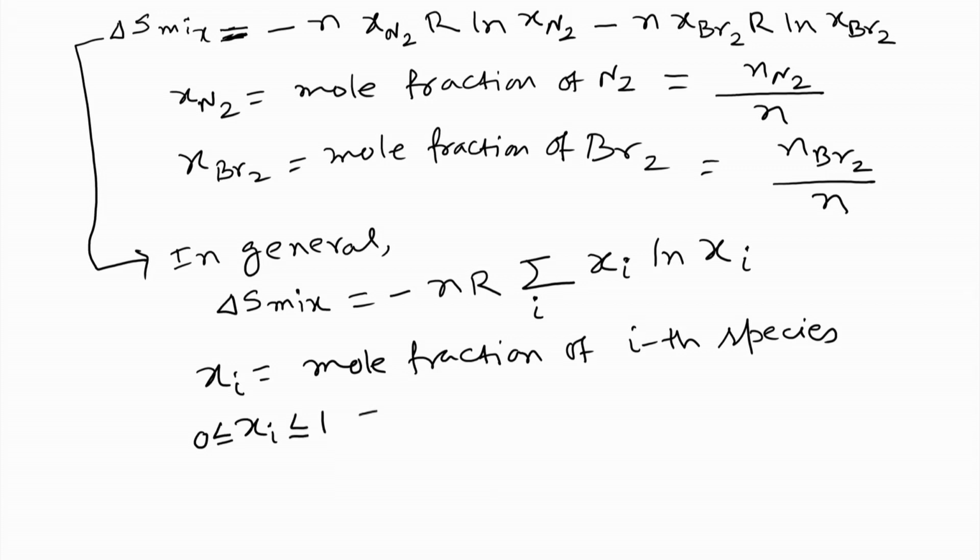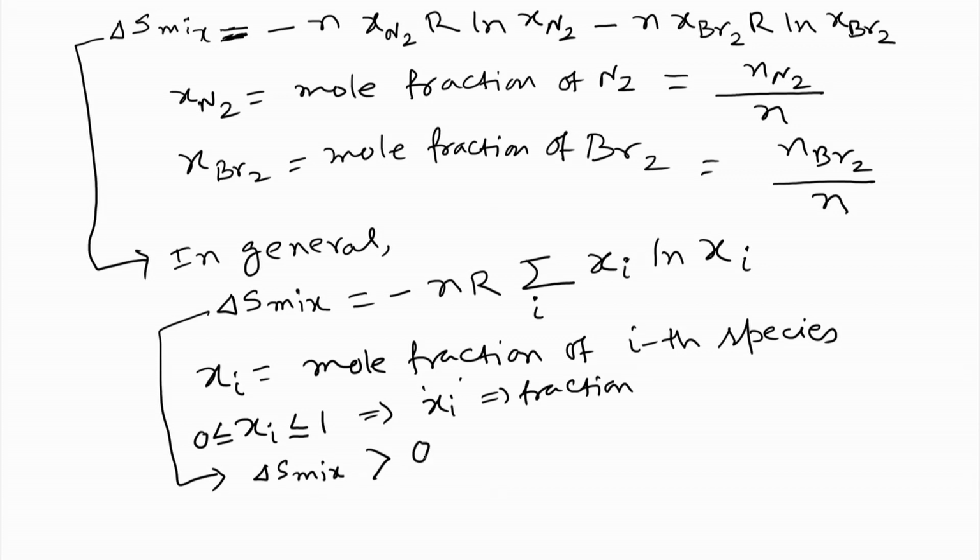So, basically x i is a fractional quantity, right. So, delta S mixing is greater than 0. Okay.